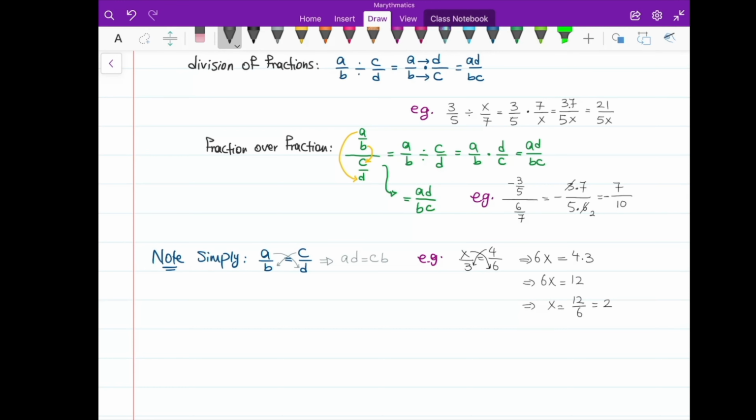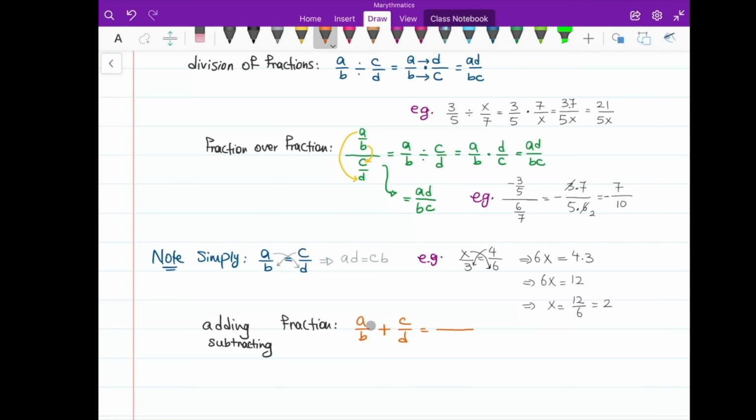Let's just talk about adding fractions, or maybe subtracting fractions. Both of them are the same thing, and we can do it with the same procedure. If we have a over b plus or even minus c over d, you need to make a common denominator.